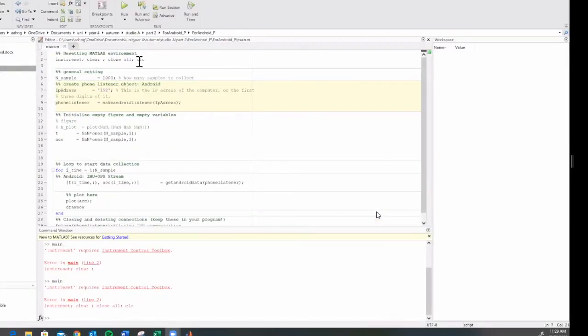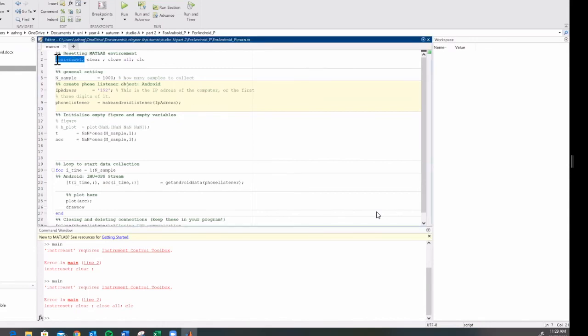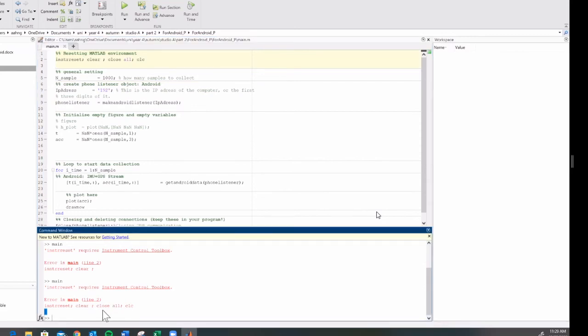So I've run it a few times. It seems to be having a problem with this bit up here, but this is the error that I'm getting. That means you didn't install the toolbox. When you install your MATLAB, you remember there are very many toolboxes to select.